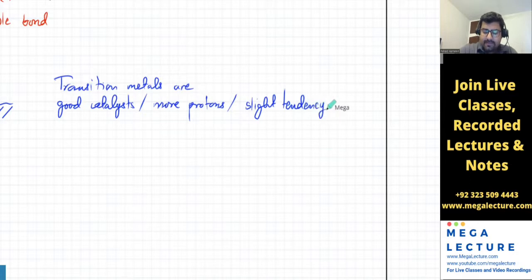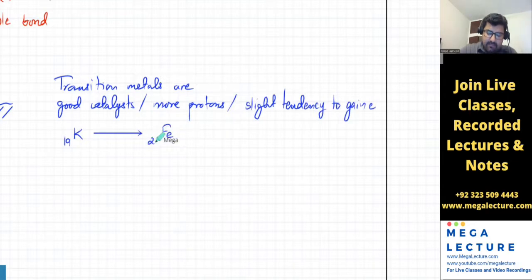Remember, they're metals. As an example, if I have calcium over here and potassium over here, potassium has 19 protons, right? It's in group 1. If I move across the period, transition metals are right in the middle. Iron has 26 protons.